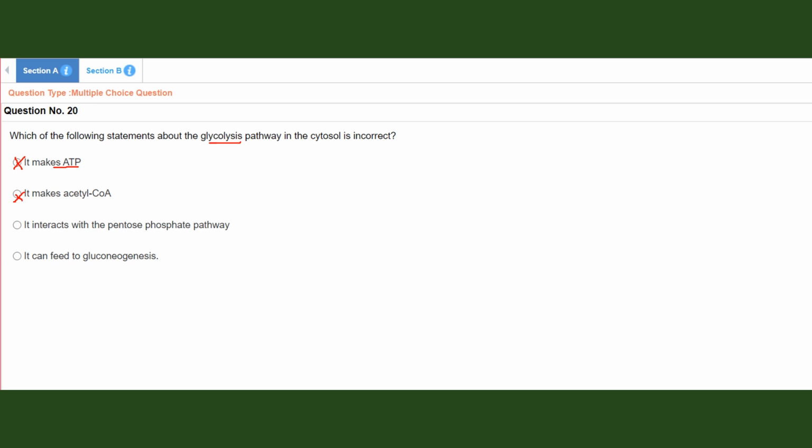Again, the pentose phosphate pathway and glycolysis are parallel, but sometimes when ATP is already high, it enters the pentose phosphate pathway to make other intermediates, and the glucose phosphate required by the pentose phosphate pathway may be taken from the glycolysis pathway. So it does interact. So in the end, it can feed to gluconeogenesis. It is not correct, because gluconeogenesis is exactly the opposite of what glycolysis is doing. And yeah, so the answer is D.